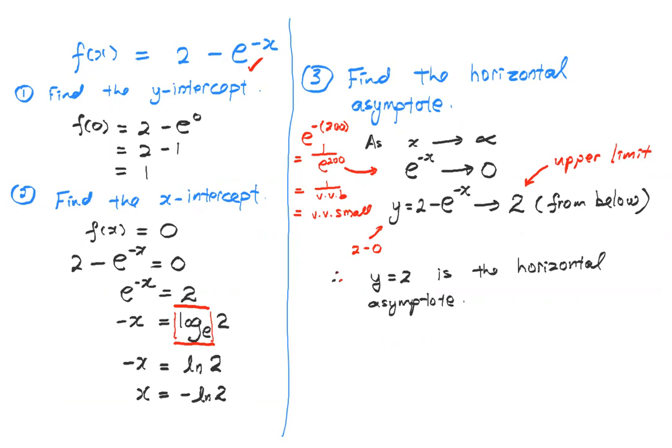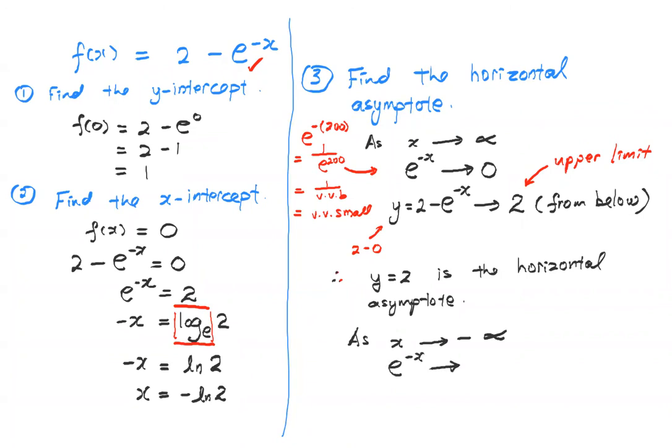Okay? So I want to study whether in another direction, is there a horizontal asymptote or not? It's my duty to study the other direction. Hello? Are you okay? So as x approaches negative infinity, what happens to my e to the power negative x?